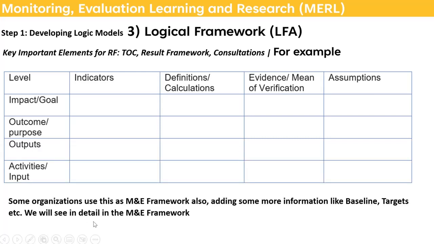Some organizations use this as an M&E framework also. But in the M&E framework there are some more columns needed, for example, baseline values, targets, and other information that we will discuss in the M&E framework. That M&E framework will be the extended document from this logical framework. So this is basically the logical framework now.